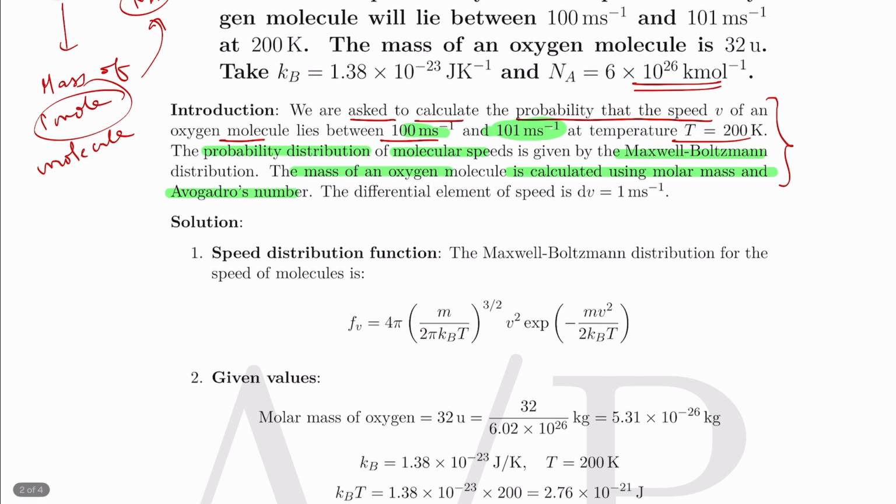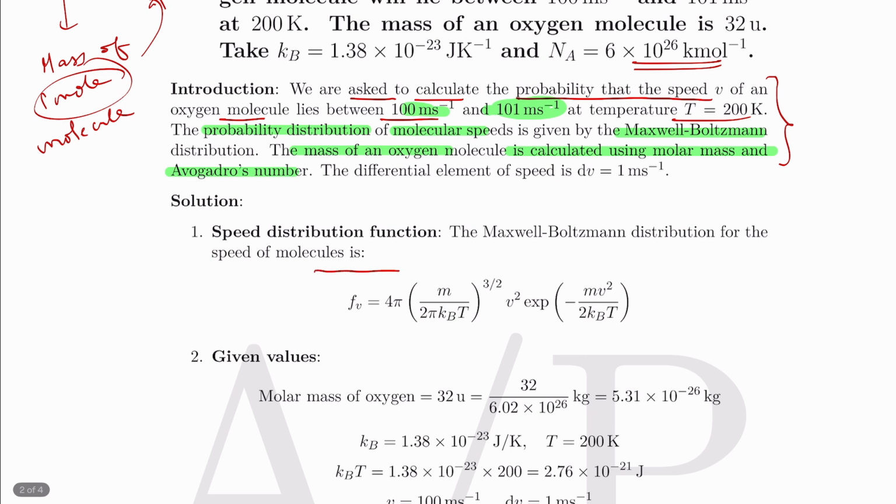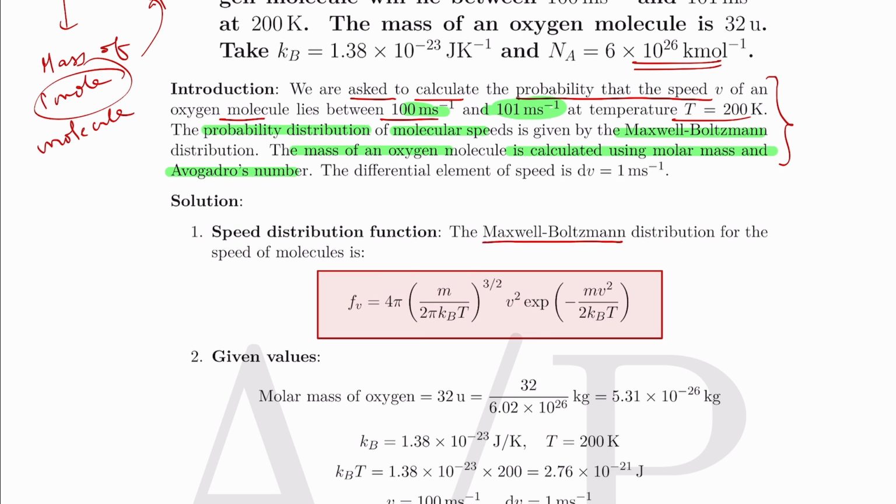Now we should always know what this speed distribution function is. This is the speed distribution function given by Maxwell-Boltzmann statistics, which you will also study in statistical mechanics within thermal physics.